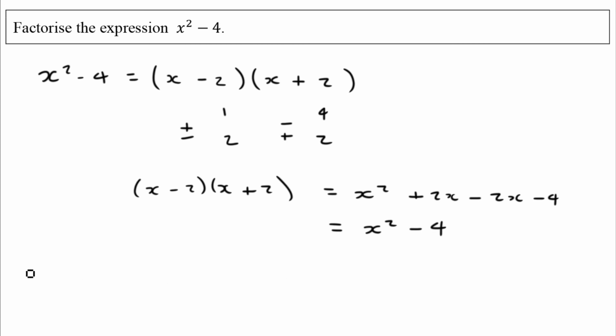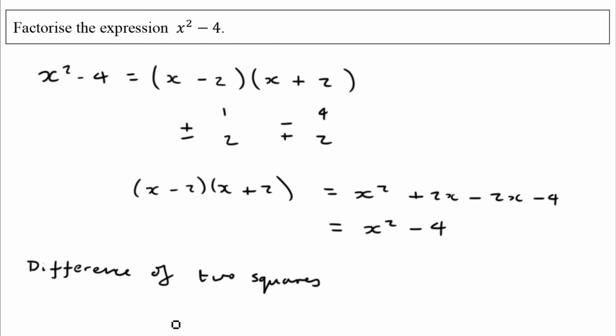This is an example of a situation called the difference of 2 squares. Now the difference of 2 squares comes up quite a lot in this course, and it is very well worth recognizing it whenever you can.